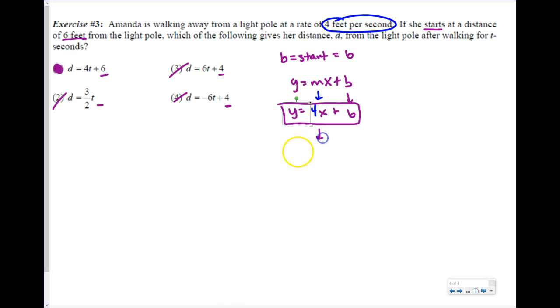Well, or, d equals 4t plus 6. But in this problem, I didn't need the 4, because no other answer choice had a 6 as a y-intercept, and I know from this lesson that my starting point is my y-intercept. I know that. Starts at 6. That has to go right here. Okay? So this is kind of using deductive reasoning, finding clues in your problems to help you answer questions.